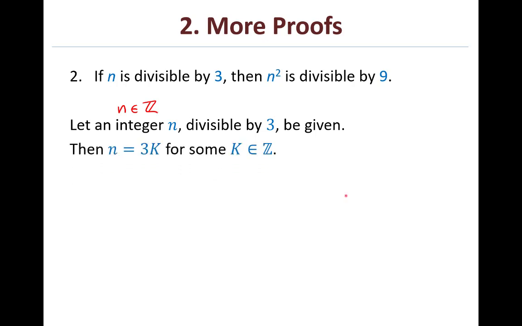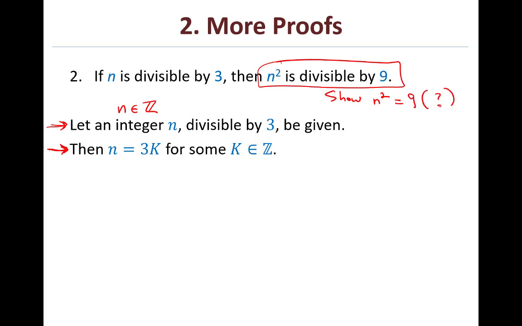Okay, anyway, we've established n, and we've established that n satisfies the hypothesis for the claim. Next, apply the definition. What does divisible by 3 really mean? n equals 3k for some k in my set of integers. Now, I've done the first two lines, the hypothesis and the definition. Look to the conclusion. What do I really want to show? I really want to show that n squared is divisible by 9, equals 9 times some integer.